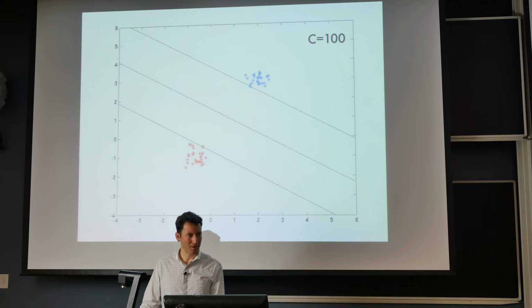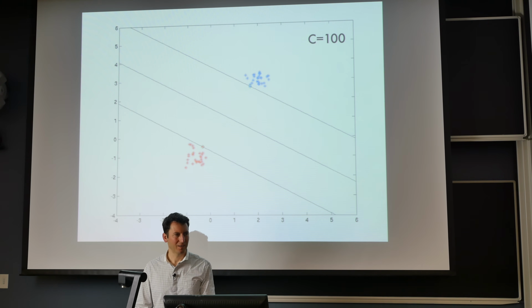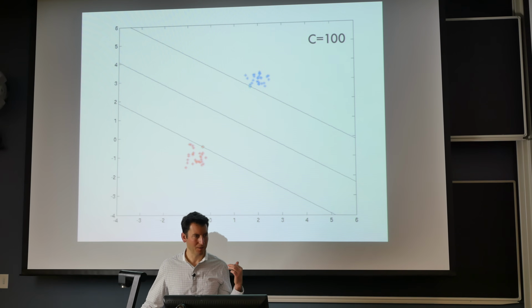So strictly greater rather than greater or equal. No. My question was if you didn't have that. If you didn't have the psi, you would get exactly the same solution here. No, you didn't have the psi. Well, no. I mean, this is including the psi. This is the soft margin solution.